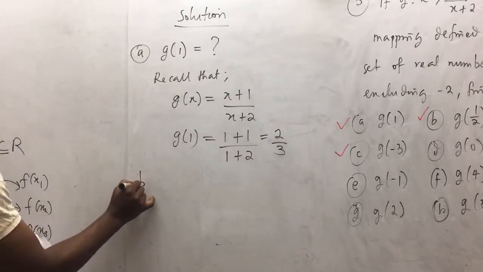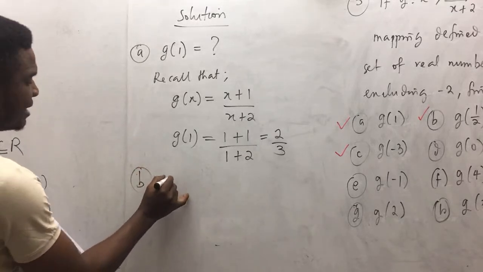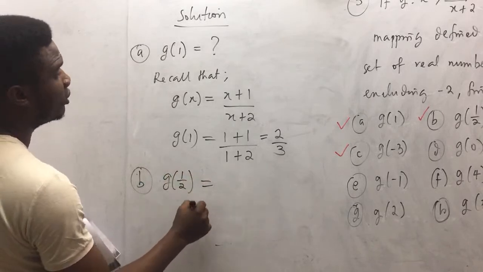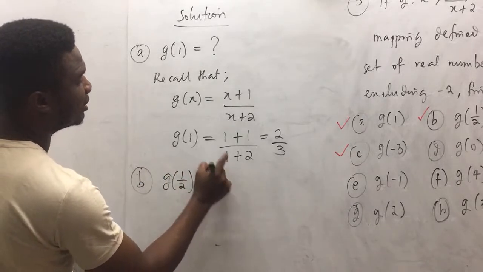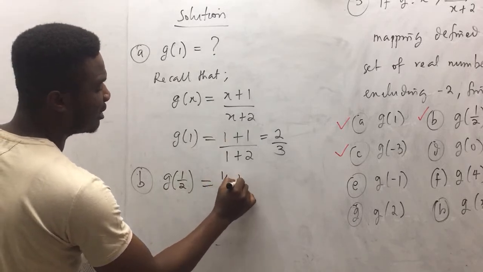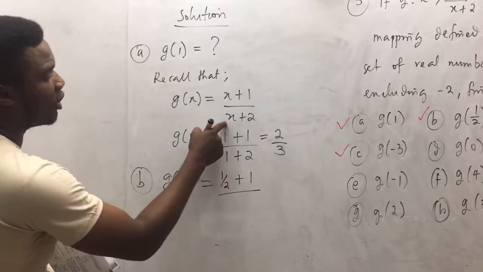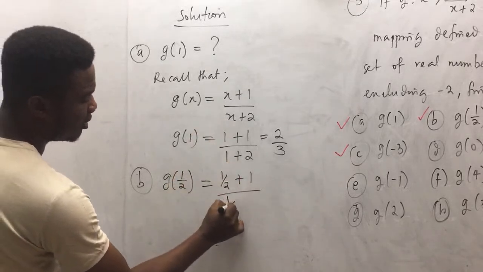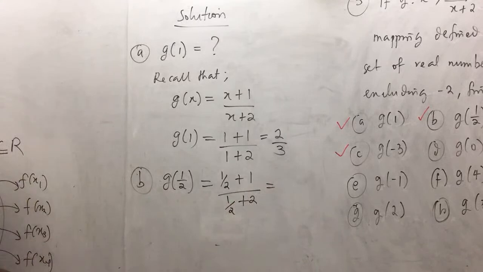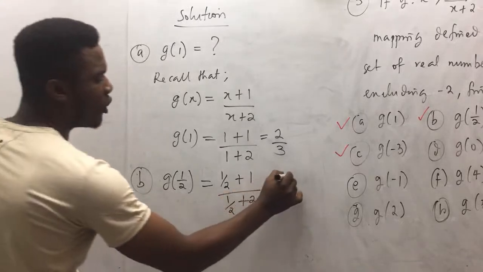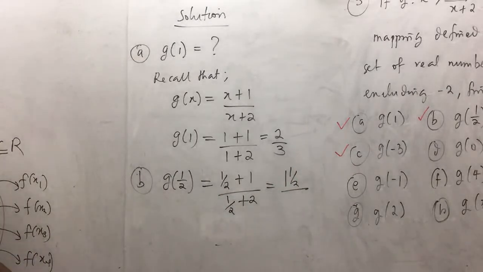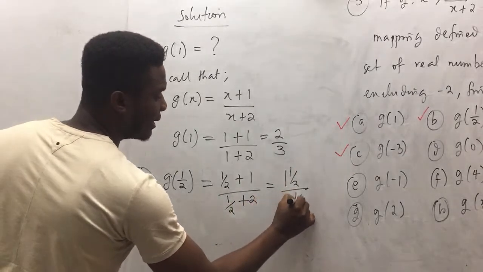Let's go to B. B says obtain g of 1 over 2. It can be obtained similarly by putting 1 over 2 in place of x in x plus 1, all over 1 over 2 in place of x in x plus 2. So 1 over 2 plus 1 gives you 1.5, all over 2 plus half, which gives you 2.5.